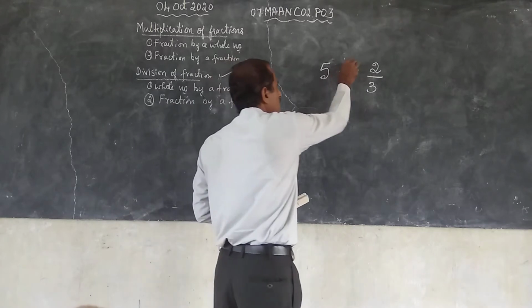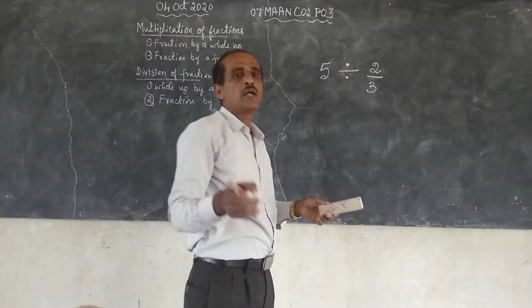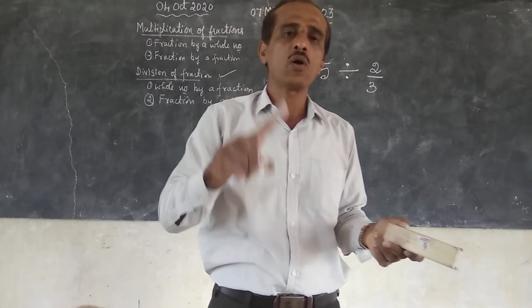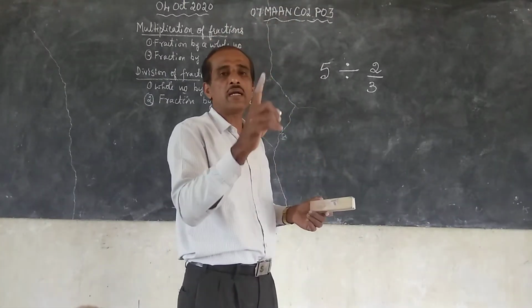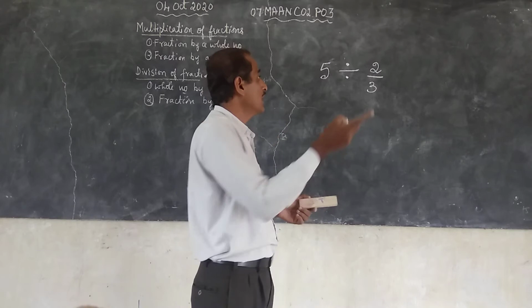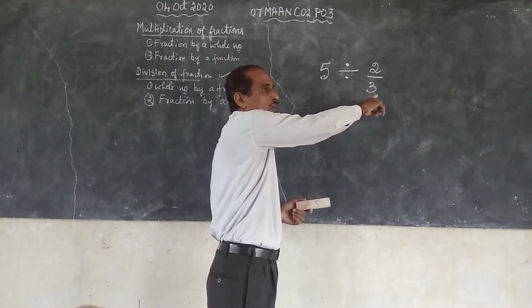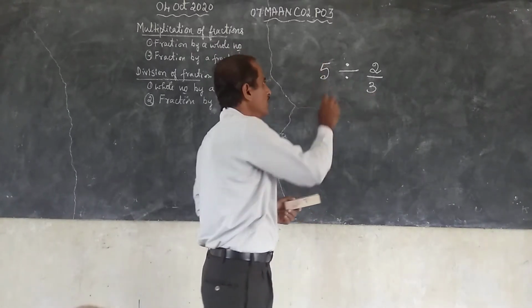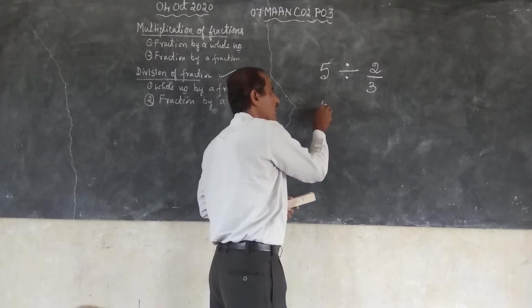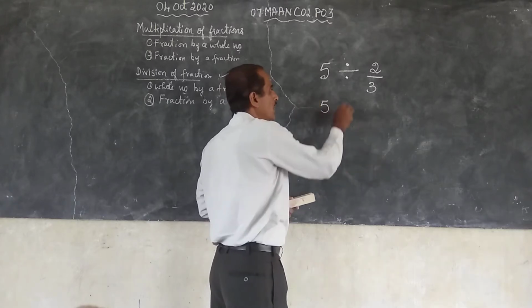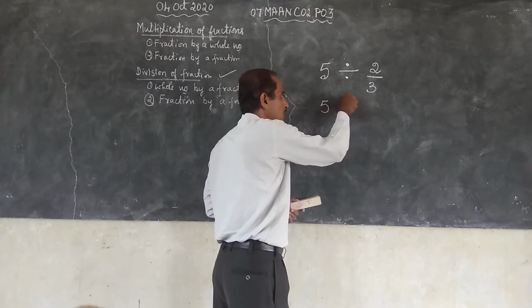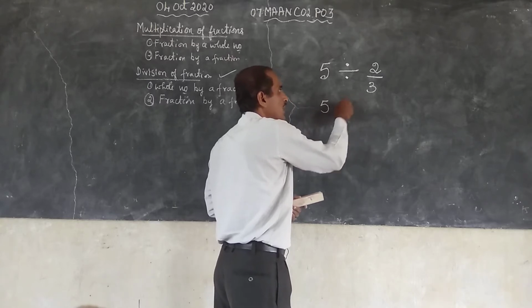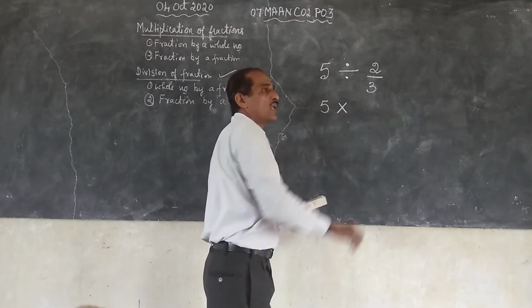See, division of fractions or a whole number means it is just multiplication by writing the reciprocal of the divisor. See, 5 means 5. Okay, as it is you can write. Division means what? It is just multiplication by writing the reciprocal of the divisor.